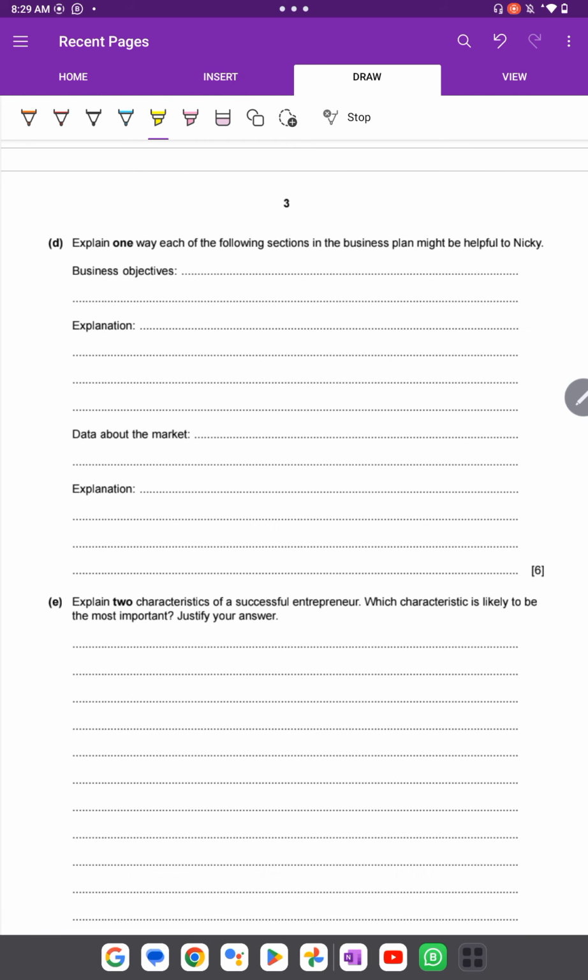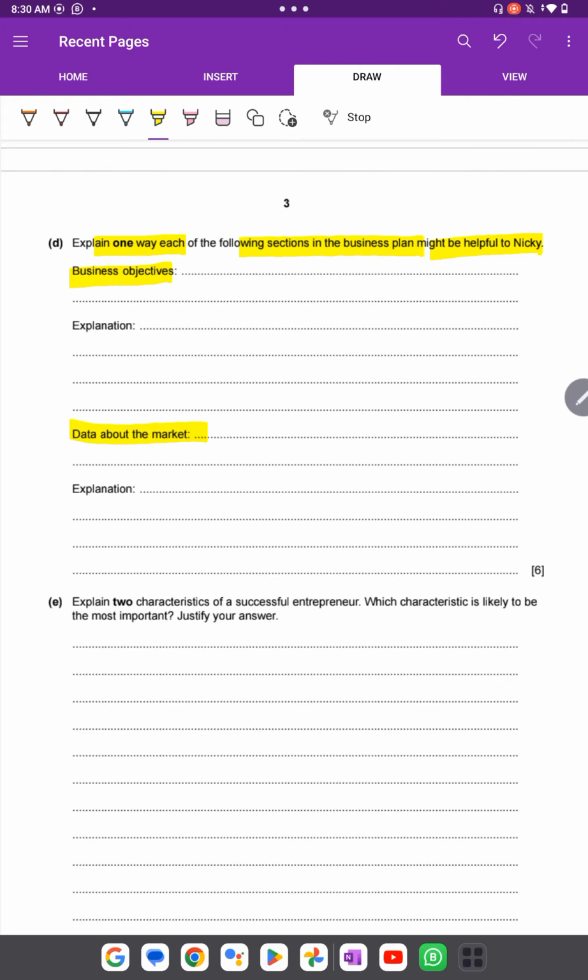So we have the second part, D: explain one way each of the following sections in a business plan might be helpful to Nikki. In the case study we read that Nikki is going to plan her business. So we have to see how she will cover the business objectives and the data about the market in the business plan.